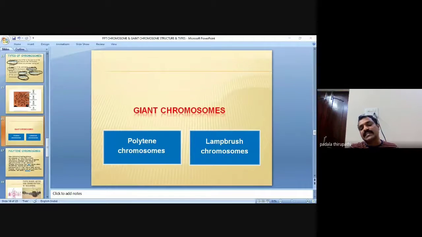The second one is the lampbrush chromosomes, and the third one is the B chromosomes. B for Bombay. Am I clear? So how many types of giant chromosomes do we observe in different living organisms? Three types: polytene chromosome, lampbrush chromosome, and the third one is the B chromosome.